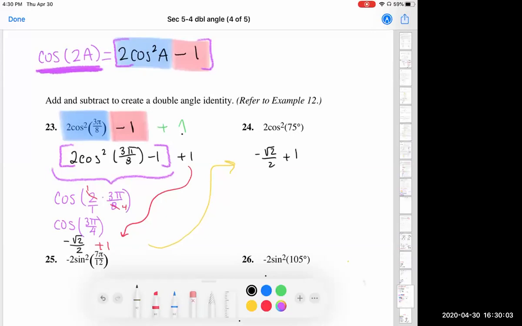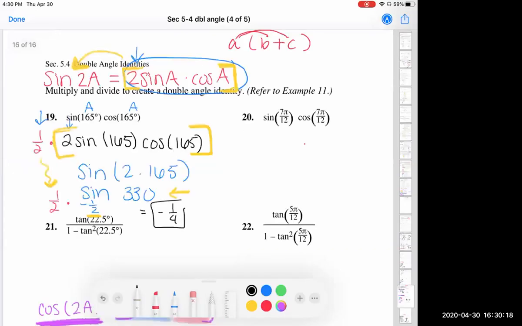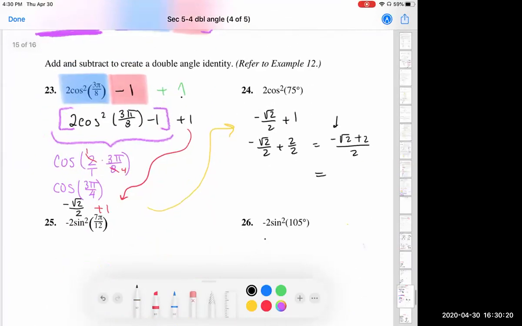I need a common denominator. So negative square root of 2 over 2 plus 2 over 2. I'm left with negative square root of 2 plus 2 over 2. And that's our answer. We don't like to start with a negative, so let's switch our terms so that we have 2 minus square root of 2 over 2. That would be our answer.